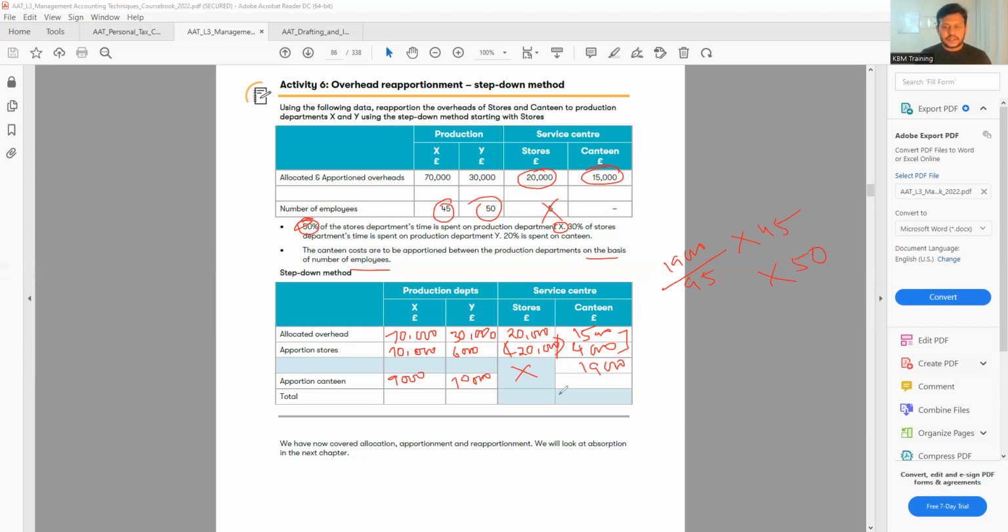And that's it. So it will be minus now 19,000. The store is gone, the canteen is gone. So this will be 0 and 0. And here it will be a new production cost for X, new production cost for Y after adding. So this is the only difference. On the step down, you can see the store also split between production and also this service. But the direct method from service is straight away to the production.